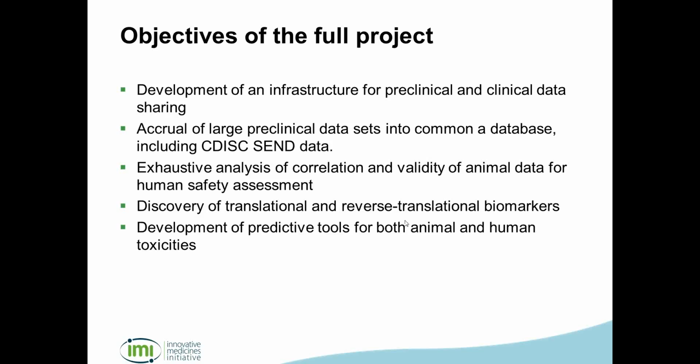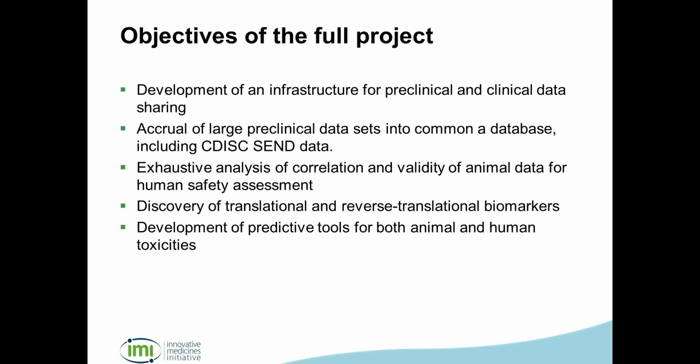For the objectives themselves, what is very important is this third bullet point. We want to do a very exhaustive and objective analysis of the preclinical data for the validity of human clinical data. So basically, we want to assess how the animal data, animal toxicological studies, are actually relevant and predictive of human safety issues.